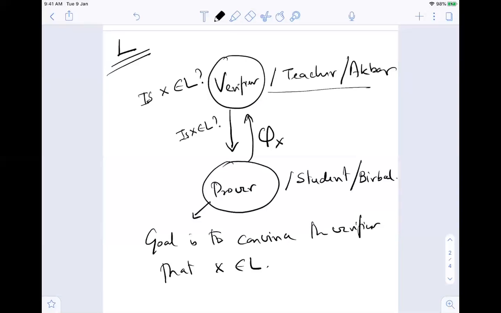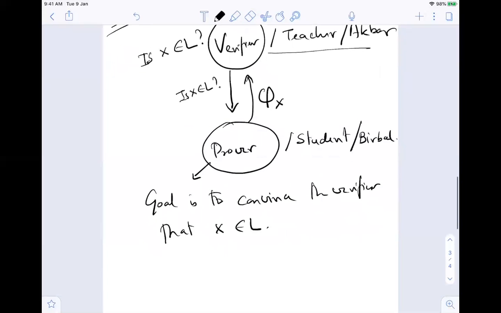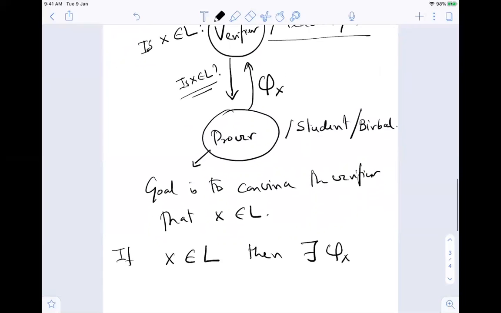Now the idea is that if X is in L, if the answer is correct, then the prover will be able to give such answers, maybe give a proof, such that the verifier is convinced.